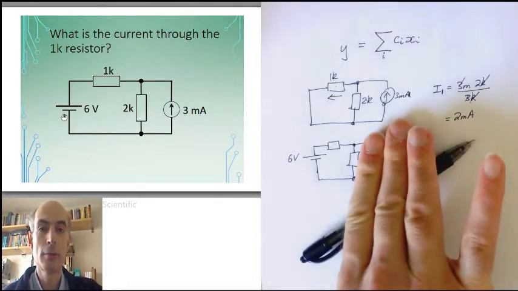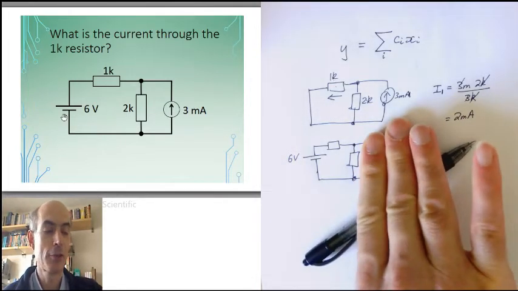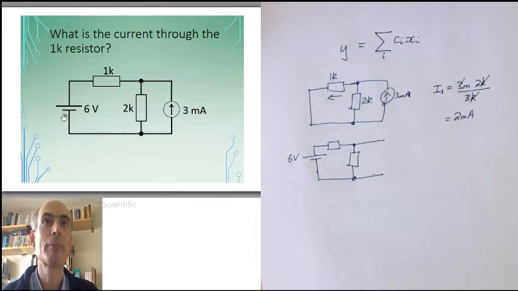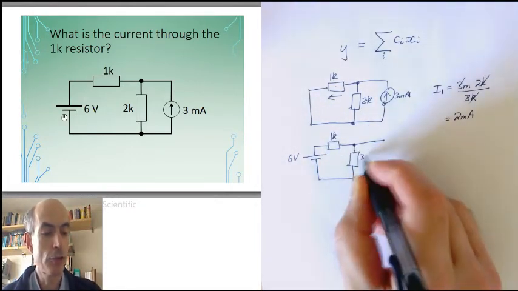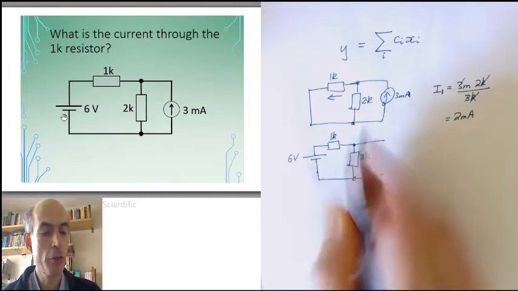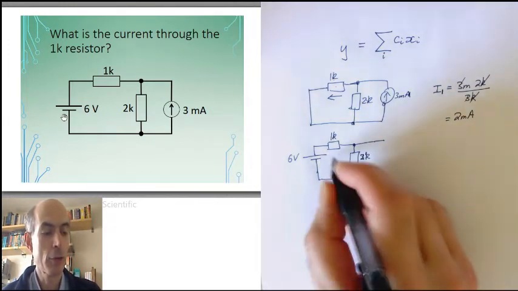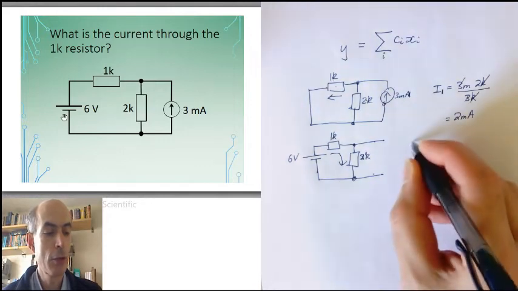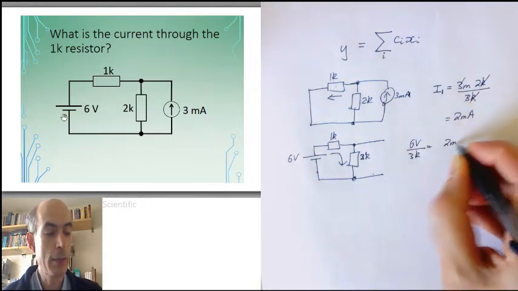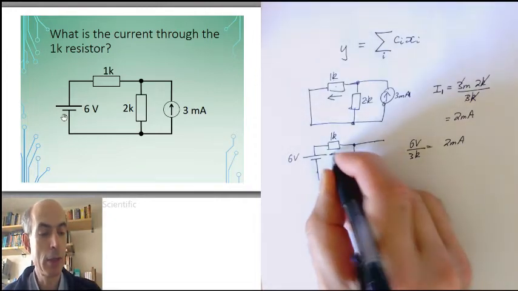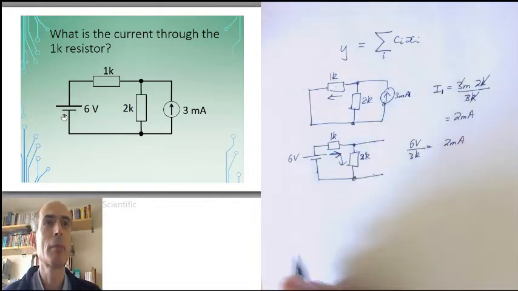The whole right-hand side of this circuit is effectively doing nothing. So we've got 6 volts across what is a total of 3K in resistance. So the current flowing is going to be 6 volts divided by 3K, which is 2 milliamps. But this time it's 2 milliamps in this direction.